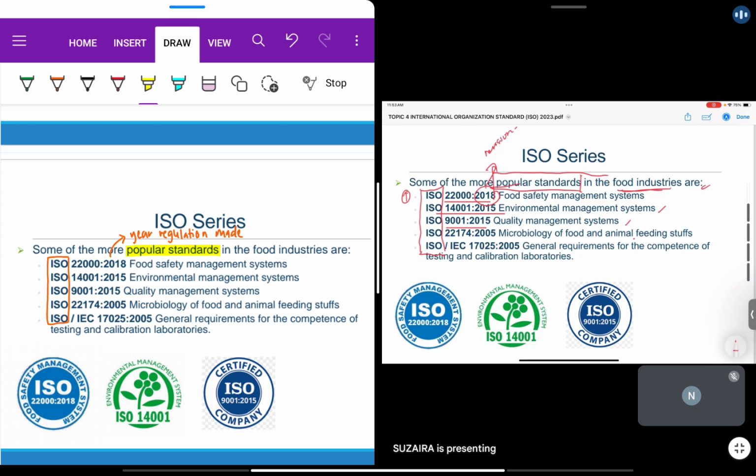This is more towards quality management system. 22174, 2005 is more related with the microbiological food and animal feeding stuff, animal feed. And the last one is ISO 17025, 2005, more towards calibrations and testing.